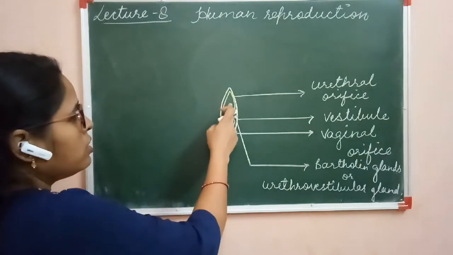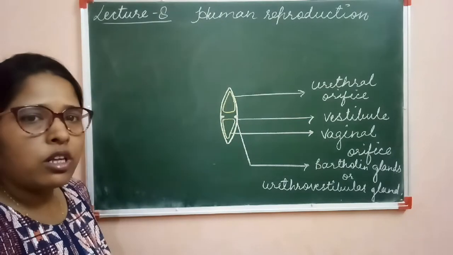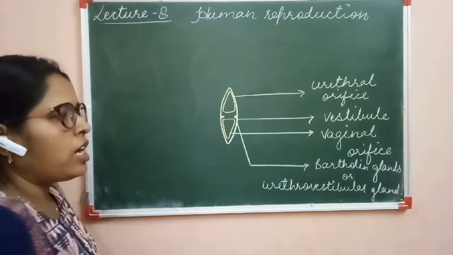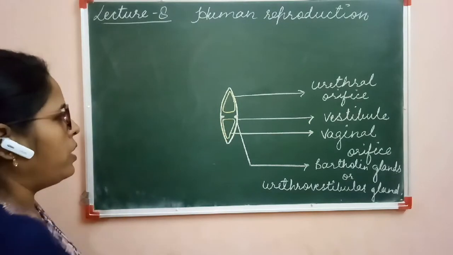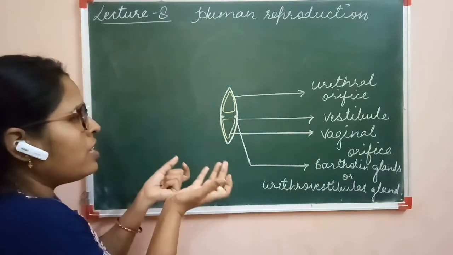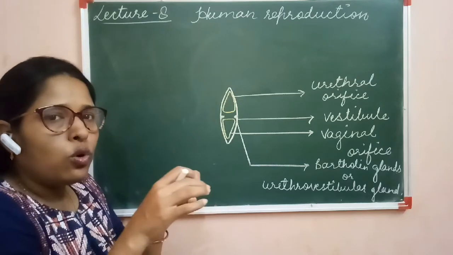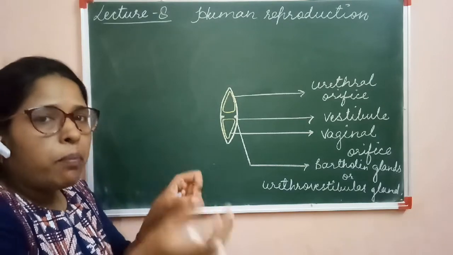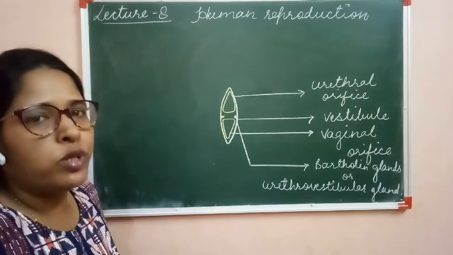Clear? So this is the urethral orifice, and this is the vaginal orifice.